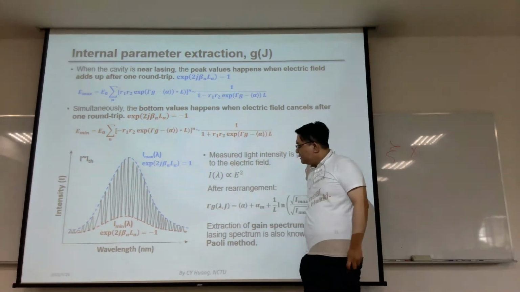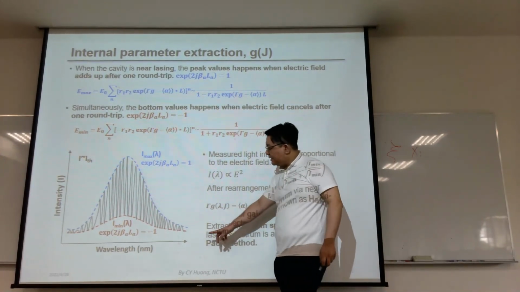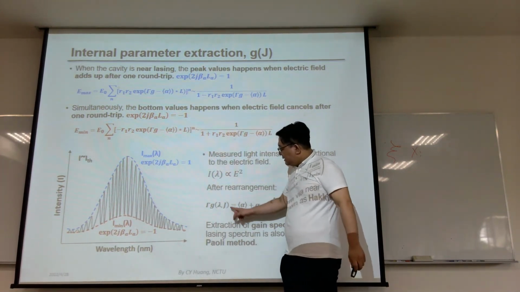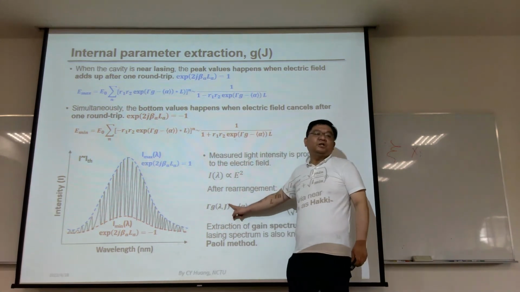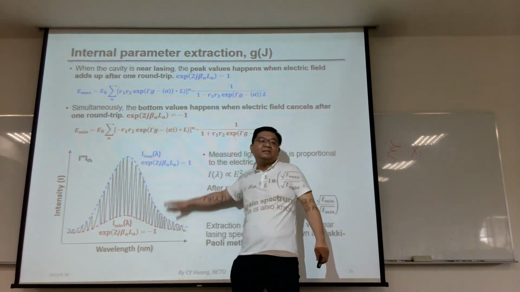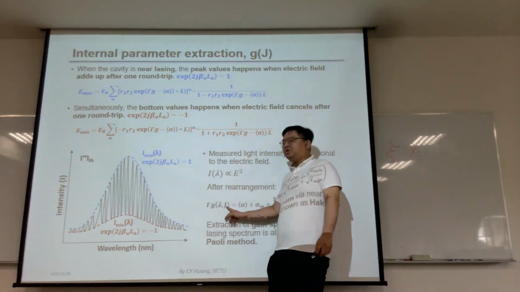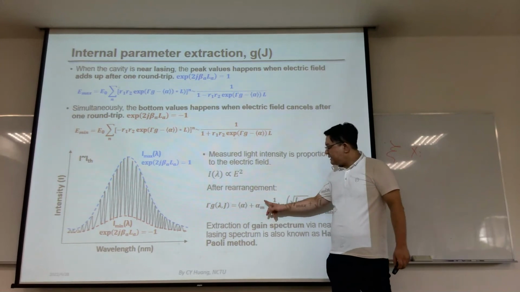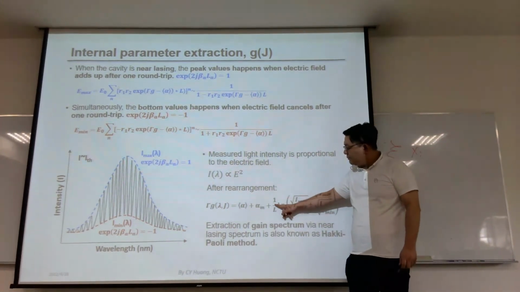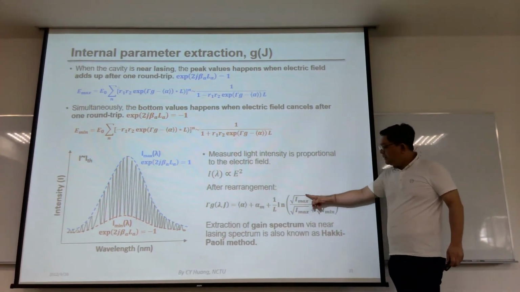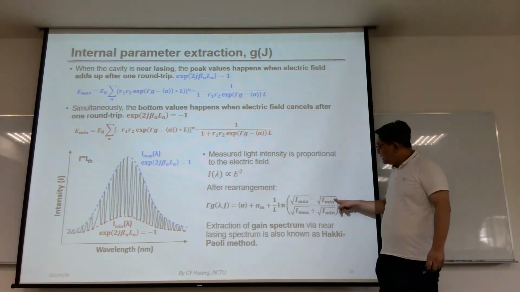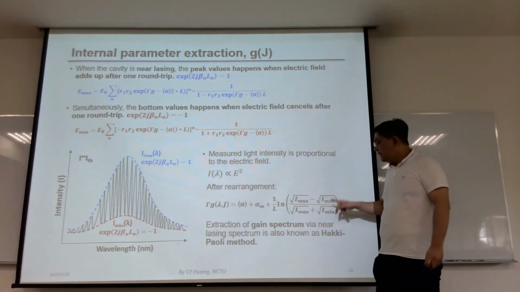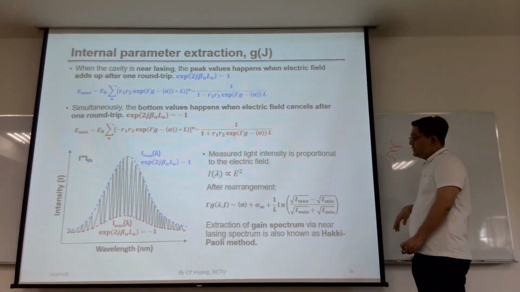You will get Γg in terms of λ, because you can extract every point with different wavelengths, and under different injection currents, because you can extract near lasing at an acceptable injection current level. That will be α plus 1 over L times ln of the bracket, maximum bracket minus minimum bracket over maximum bracket plus minimum bracket.